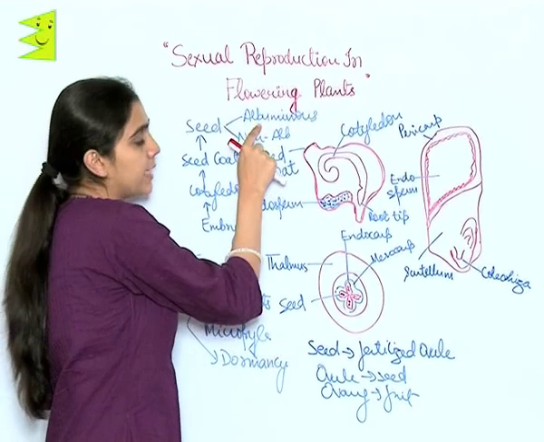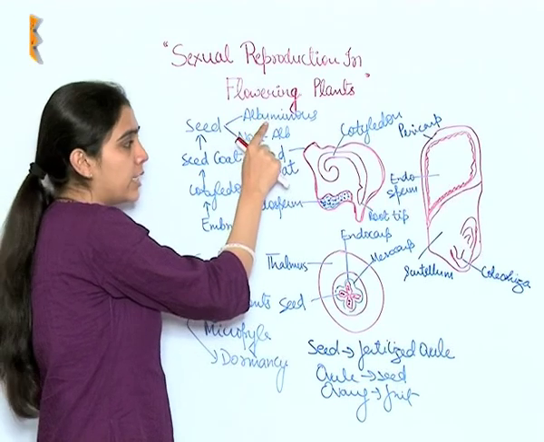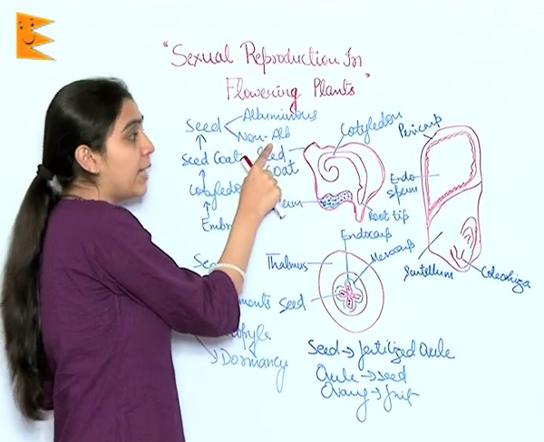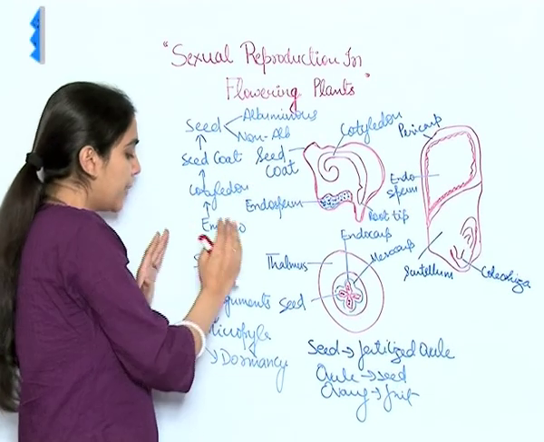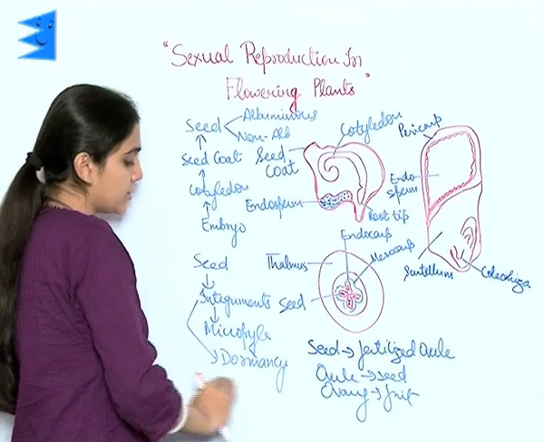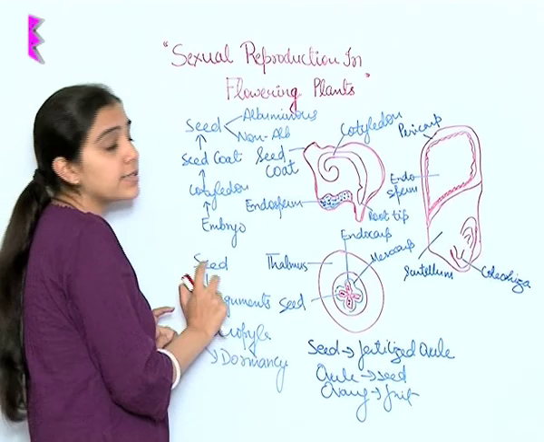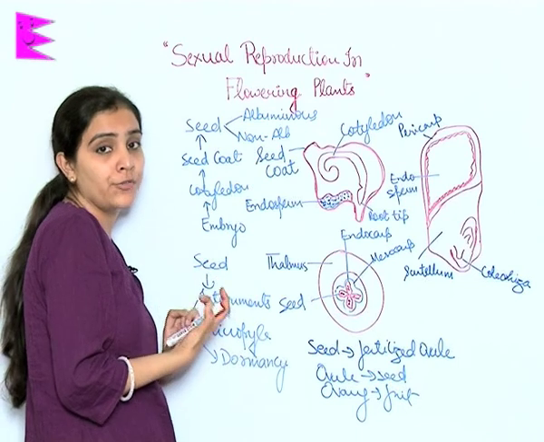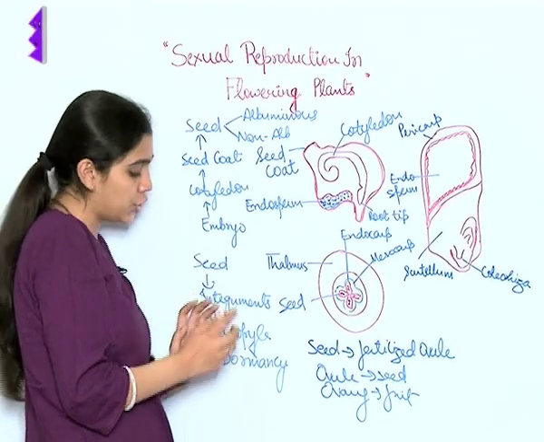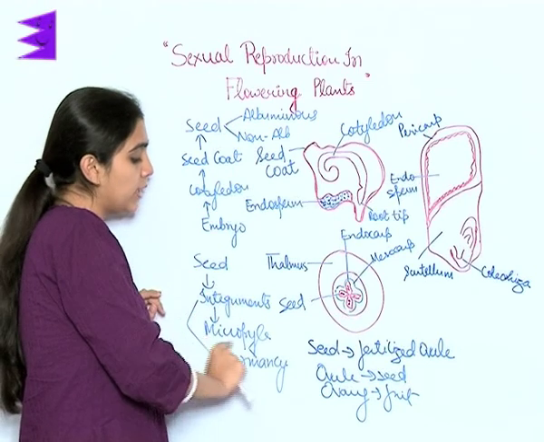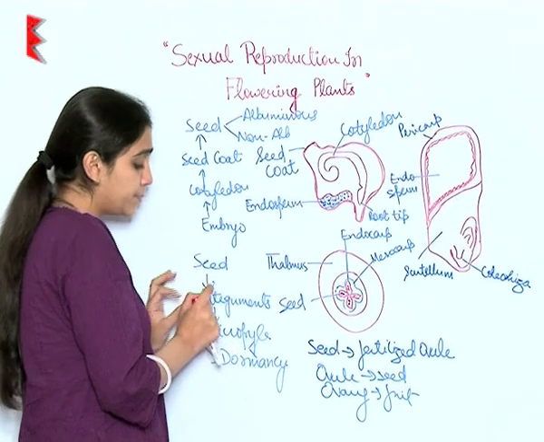The only difference is that in albuminous seeds, the endosperm is still present, and in non-albuminous seeds, the endosperm is completely consumed. Now, a seed is made up of integuments. Integuments are the hard coat or covering which protects the seeds from unfavorable conditions, and upon these integuments there is the micropyle.